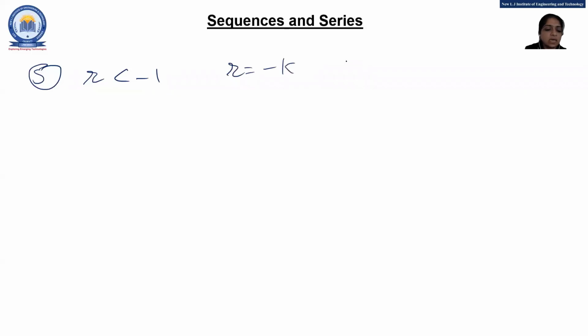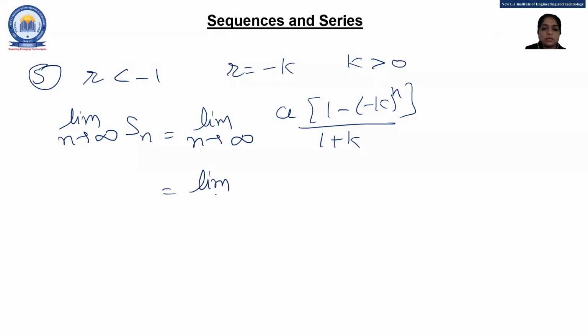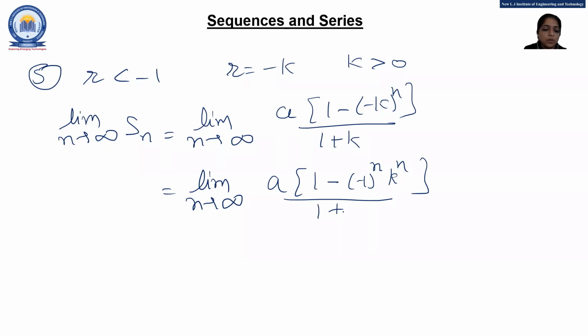And the last, that is the fifth one, when R is less than -1, where we can say that R is equal to minus k, where k is positive. At that time, limit n tends to infinity Sn, and here limit n tends to infinity a(1 minus R raised to n) upon 1 minus R. What is your R? Your R is minus k. So minus k raised to n upon 1 minus R. But your R is minus k, so minus minus is plus here. Now, limit n tends to infinity a(1 minus (minus 1 raised to n) k raised to n) upon 1 plus k.